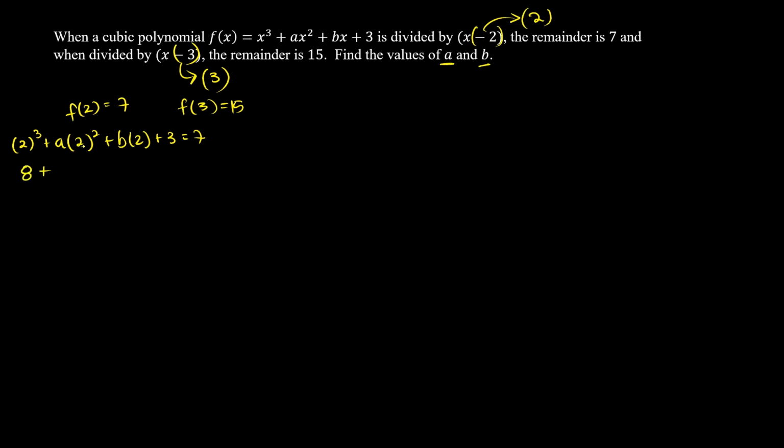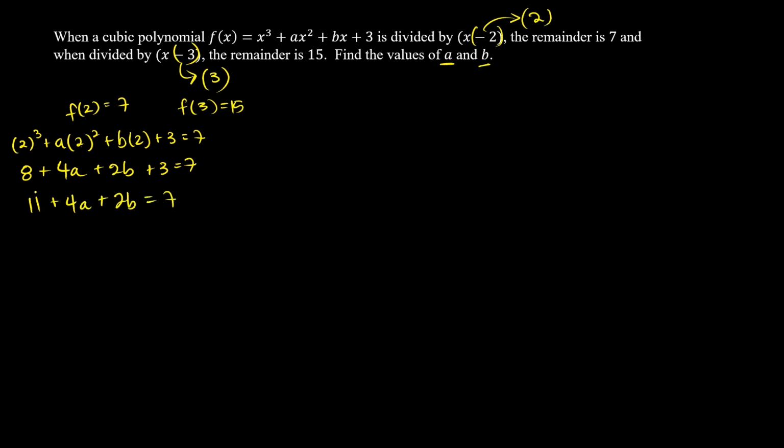And 2 times 2 is 4 for A. Then 2B, because 2 times B is 2B. And 3, and that's equal to 7. We can go ahead, 8 plus 3, that's 11, yeah? Plus 4A plus 2B is equal to 7.